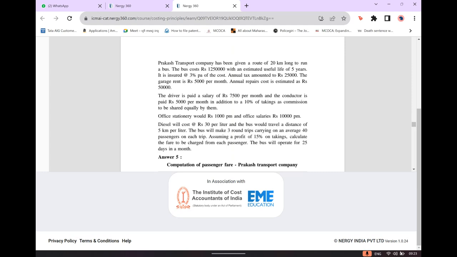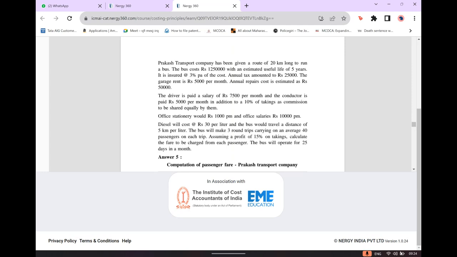The diesel will cost rupees 30 per liter and the bus would travel a distance of 5 km per liter. The bus will take 3 round trips carrying an average of 40 passengers on each trip. So that means 20 into 3 into 2, that is a round trip.